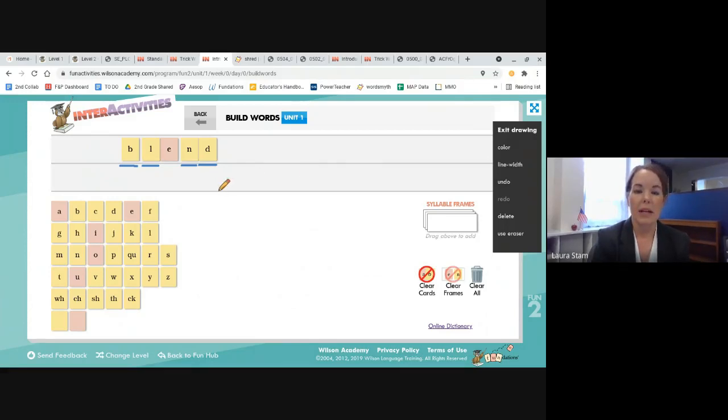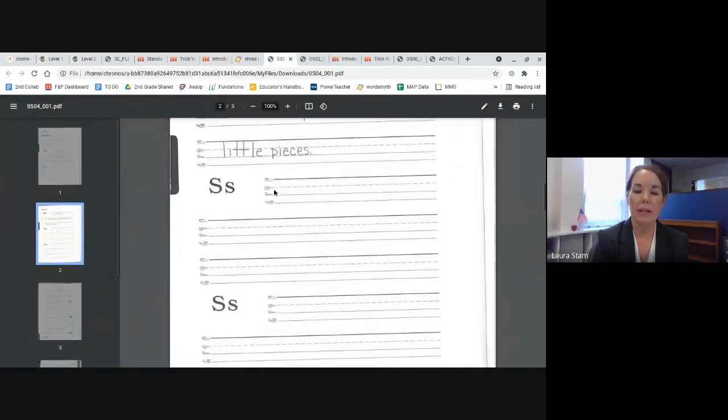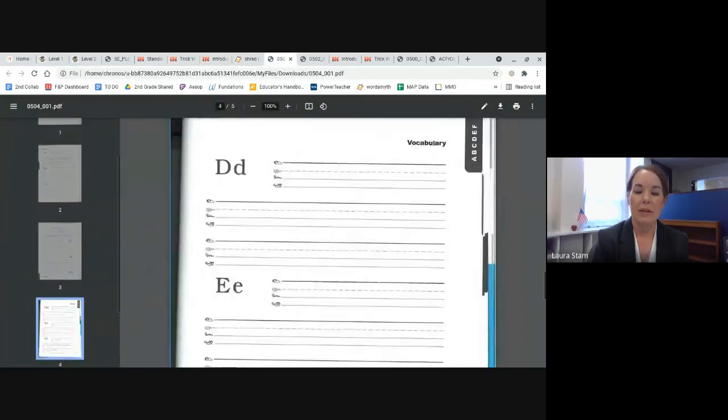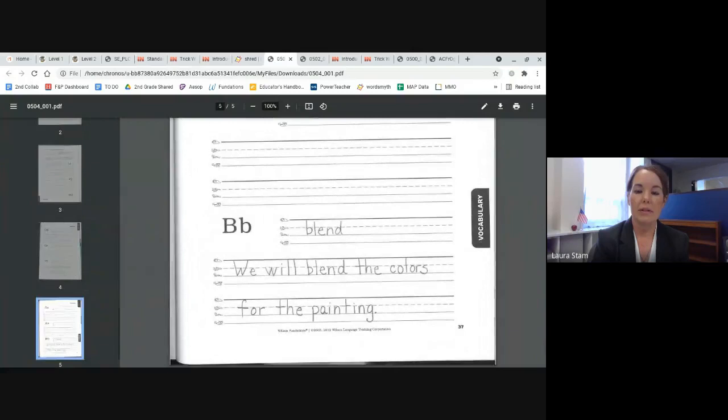And remember, we talked about blend a few days ago, and it means to combine something. And then if you remember our sentence that we came up with, we will blend the colors, and then I added for the painting. We will blend the colors for the painting.